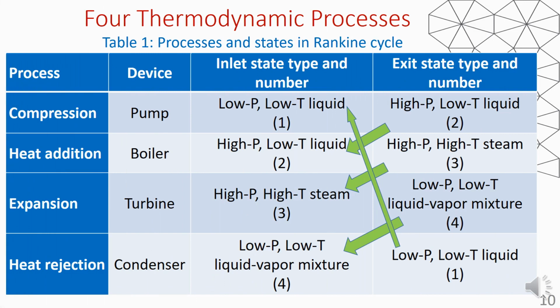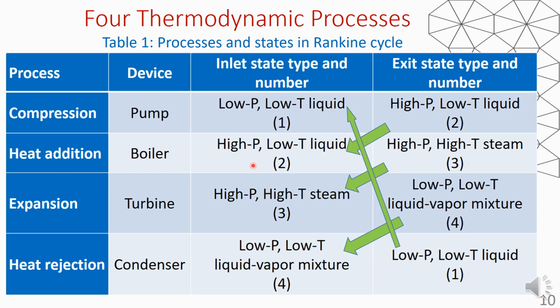Table number 1 shows a summary of the 4 processes in the Rankine cycle and the corresponding devices. We have the compression in the pump. So the low pressure and low temperature liquid water, state number 1, is converted into high pressure but still low temperature liquid water, state number 2.